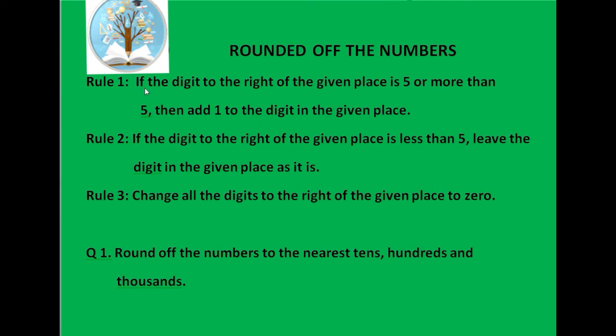Rule 1: if the digit to the right of the given place is 5 or more than 5, then add 1 to the digit in the given place. Rule 2: if the digit to the right of the given place is less than 5, leave the digit in the given place as it is.